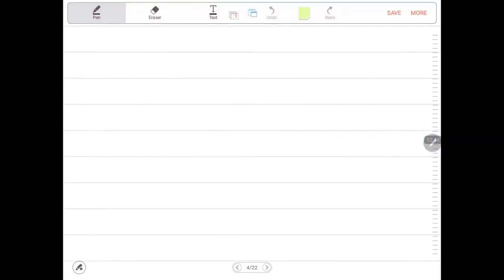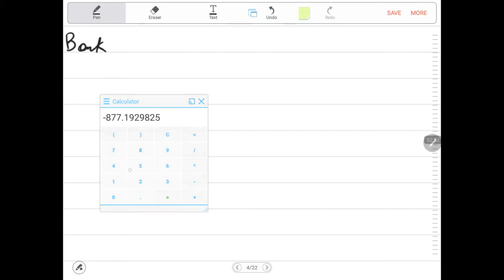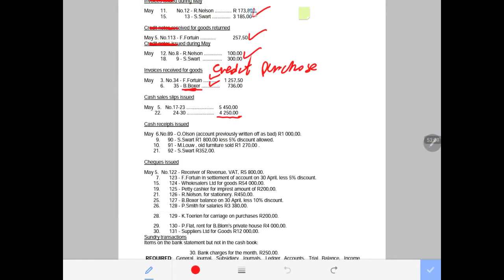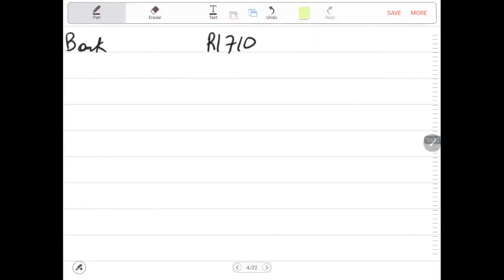Now we need to record or acknowledge the fact that money will be received, and out of this 1,800 we are only receiving 95%, meaning in the bank we only received 1,710, and this is the customer who made this settlement, a customer by the name Swart.